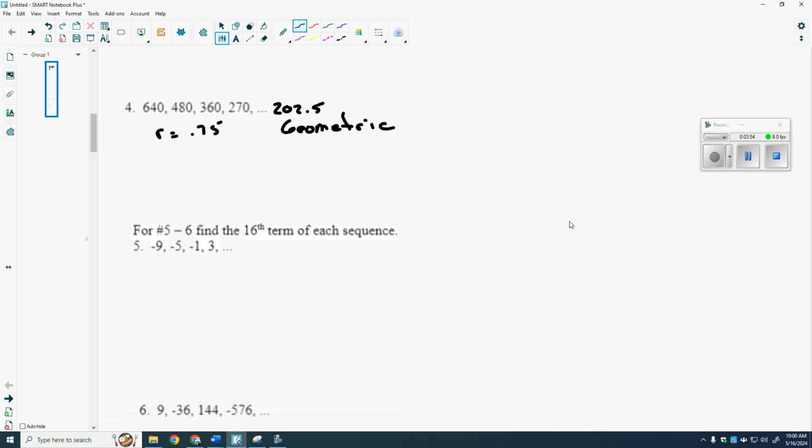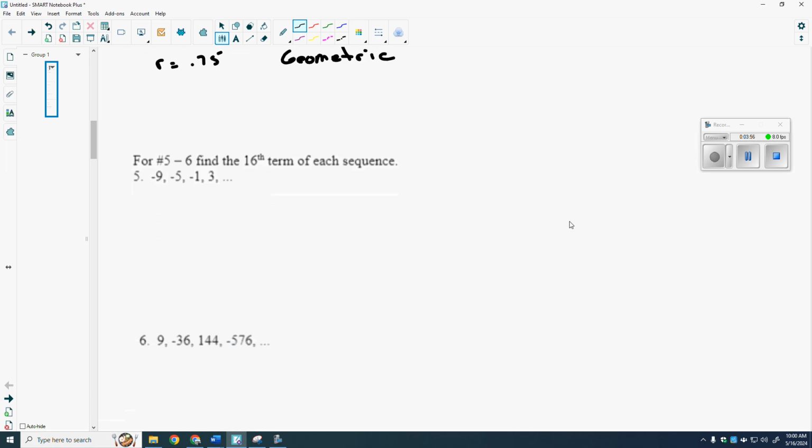Find the 16th term of the sequence. First question: is it arithmetic, a constant difference? Is it geometric, a constant ratio? So negative 9 plus 4 gives me negative 5, plus 4 gives me negative 1. And so my sequence is arithmetic, with a constant difference of 4.